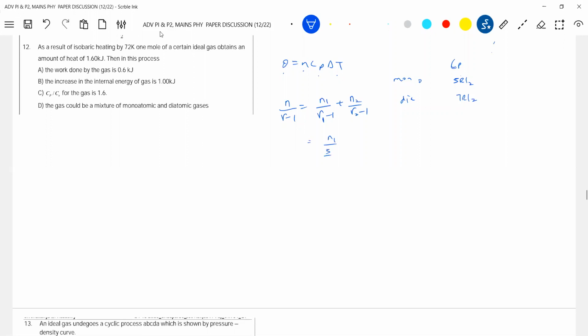Okay, I'll do one thing. Sir, we can use gamma equal to (N1 CP1 plus N2 CP2) by (N1 CV1 plus N2 CV2). That one, okay. I'll do one thing. Directly, I'll write it. You can see here. There's a mixture. This will be now n, we know it is 1. We are very sure. So this will be 3N1/2 plus 5N2/2, gamma minus 1.